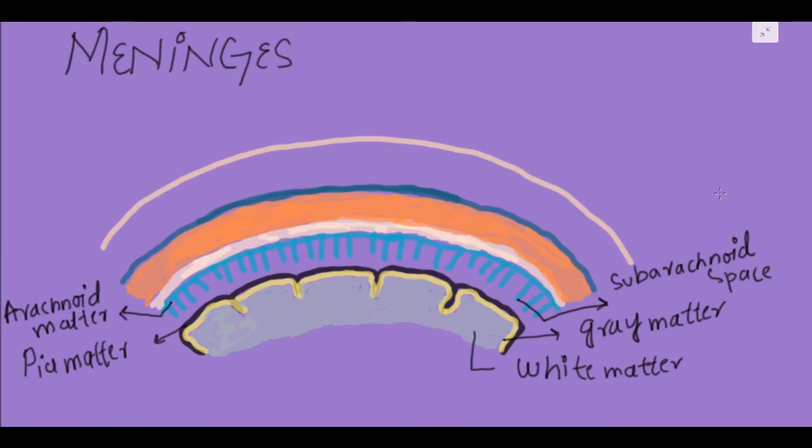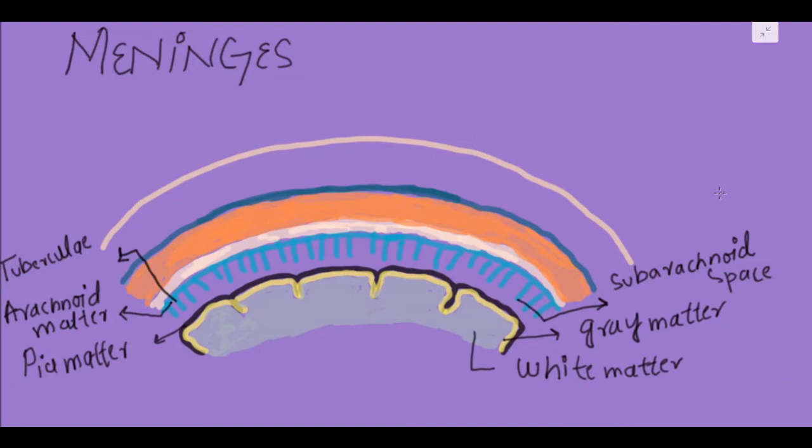So I may mention here, these projections are known as trabeculae. These trabeculae are present within the arachnoid mater, and they connect this layer with the pia mater, and the space between these two layers is known as the subarachnoid space.